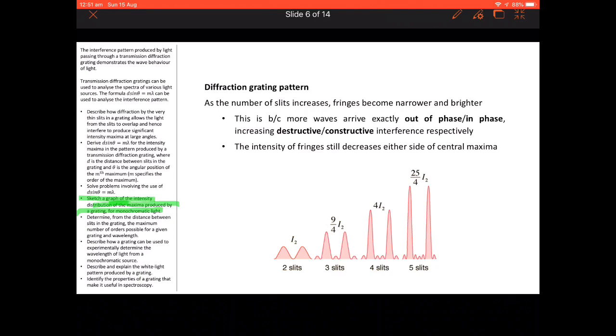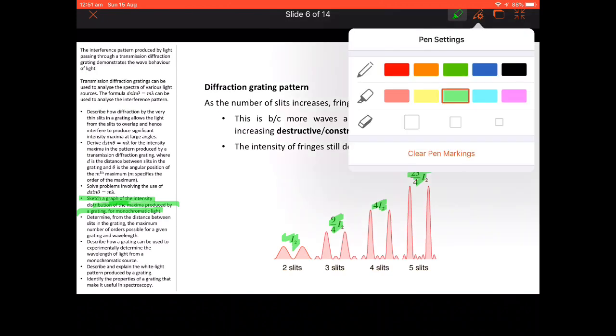You don't need to use these terms here. All you have to do is, as long as you're able to sketch the graph of the intensity distribution, then that will be fine. This is just to demonstrate intensity relevant to slits.